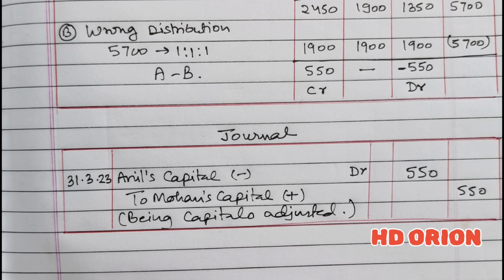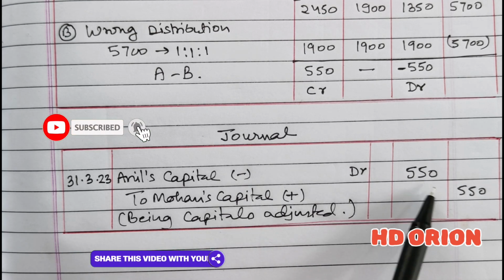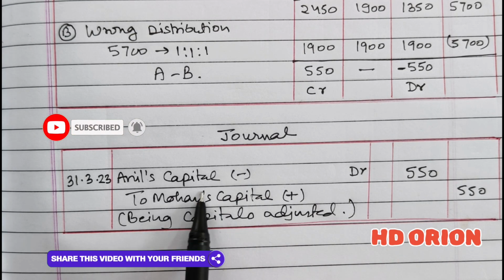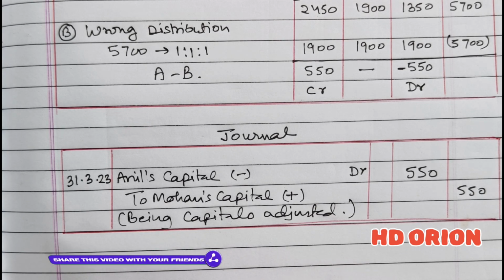So this way the journal entry is to be passed. This is the journal entry which is asked in the question, but the working note is also there. So you need to calculate and present the working note properly so that you will be awarded marks for writing working notes also. Fine. And this amount has to be correct, otherwise again the journal entry will go wrong.